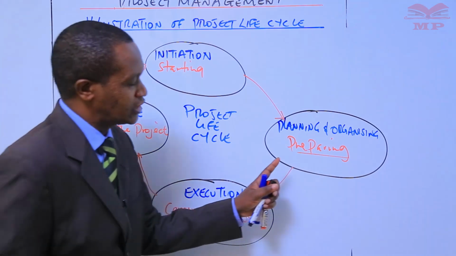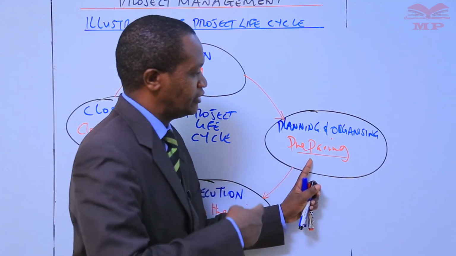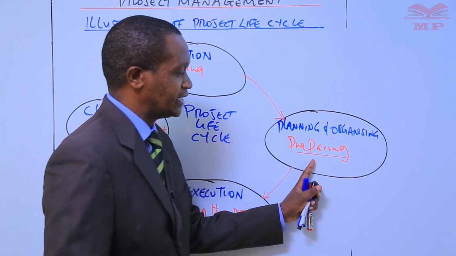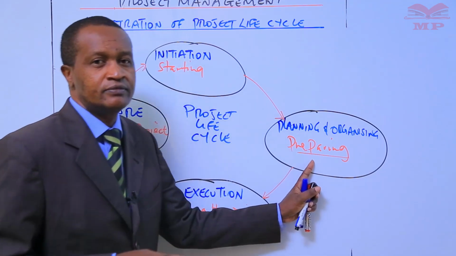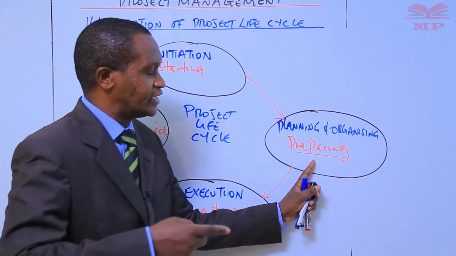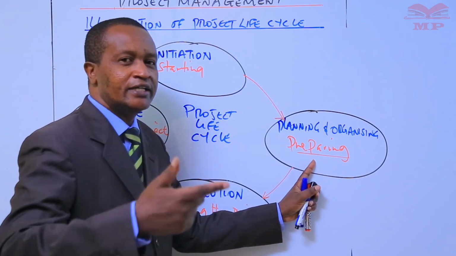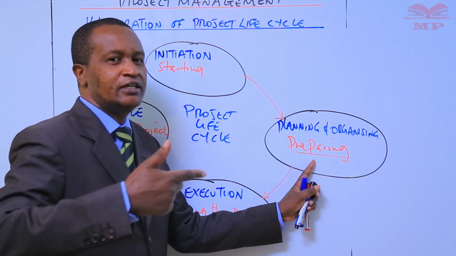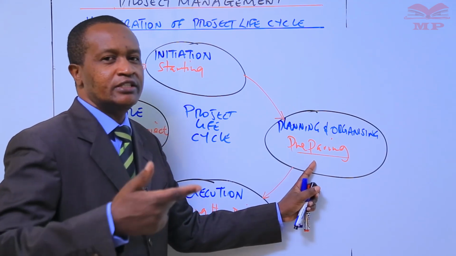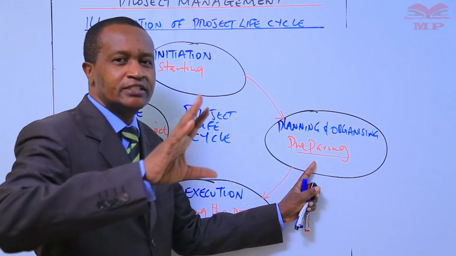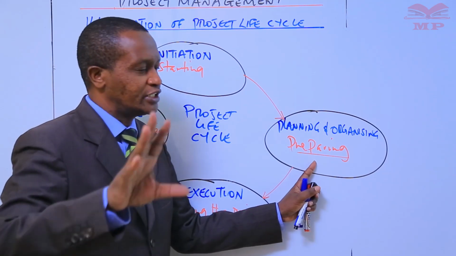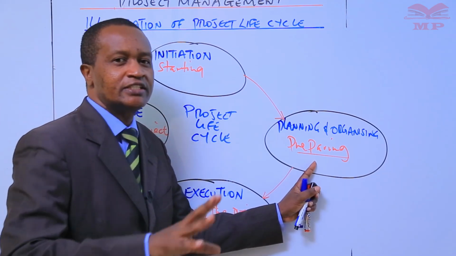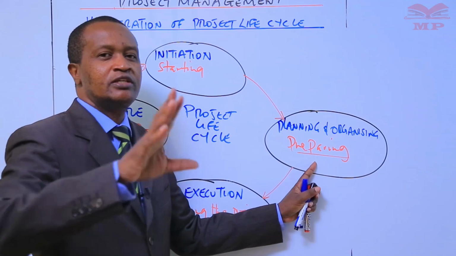And I've told you the reasons why planning is very key. I've said that a plan is a well-written guidance for obtaining resources, acquiring financing, procuring materials, and so on.